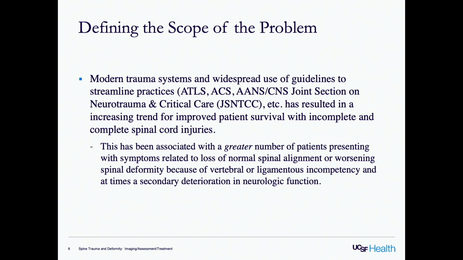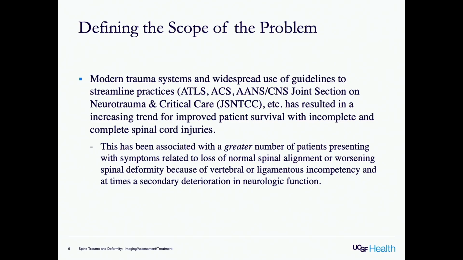As we've improved these, and these are now widespread, and there are different accreditations for level 1, level 2, level 3 hospitals, there's a coalescing of triaging these patients, and we've done better as far as recommending who needs to be treated acutely versus what can be delayed. So a greater number of patients are surviving from these, and there are more aggressive techniques available to stabilize them acutely.